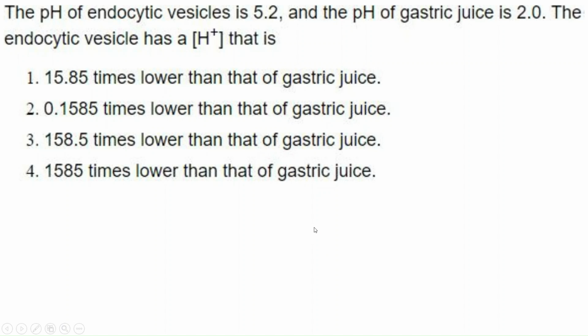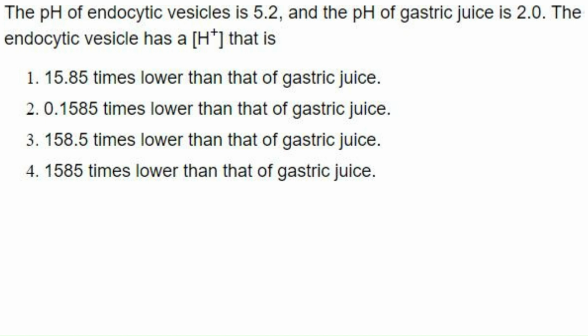Now on to the second question. The pH of endocytic vesicles is 5.2 and the pH of gastric juice is 2. Now the endocytic vesicle has a H plus ion concentration that is, and our options are: first, 15.85 times lower than that of gastric juice.